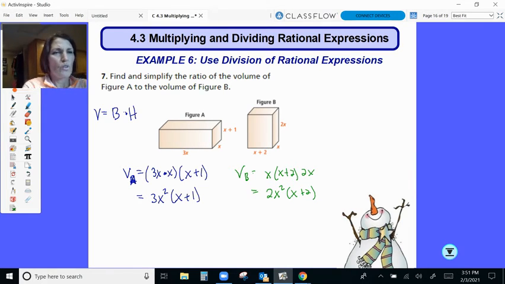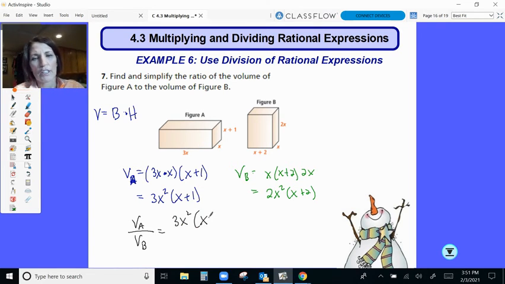So now the ratio of volume A to volume B is going to be 3x squared times x plus 1 over 2x squared times x plus 2.